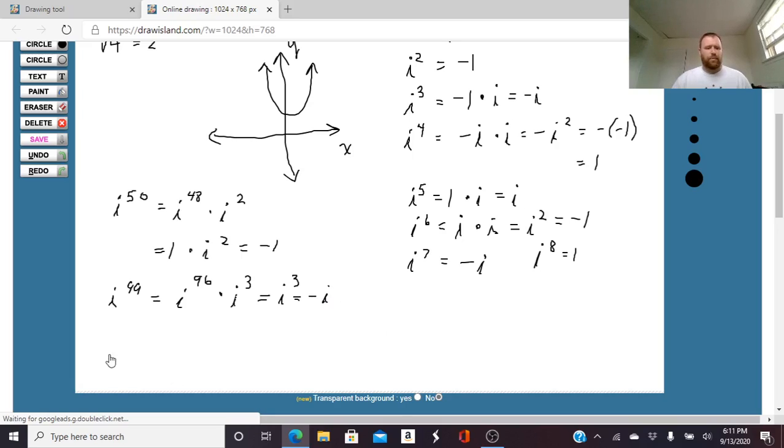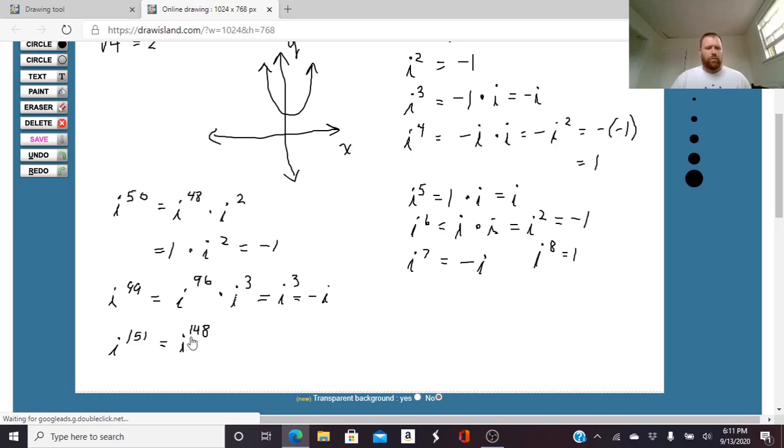Okay, one more example. Let's do i to the 151st power. Okay, so you think 100 is divisible by 4, 48 is divisible by 4, so really 148 is divisible by 4. Let's just check that.